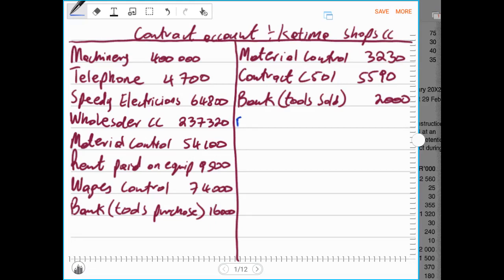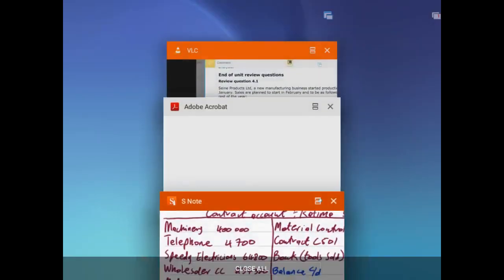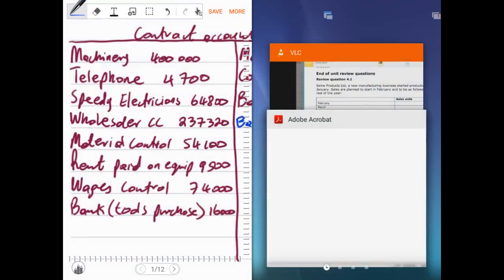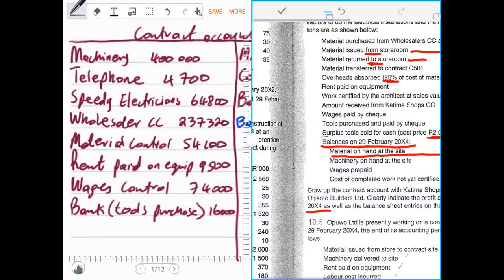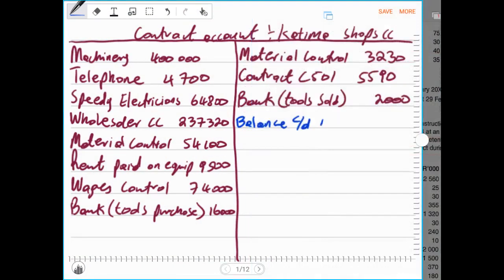Then we have to say balance carry down in terms of material, and that material was worth 7,000.